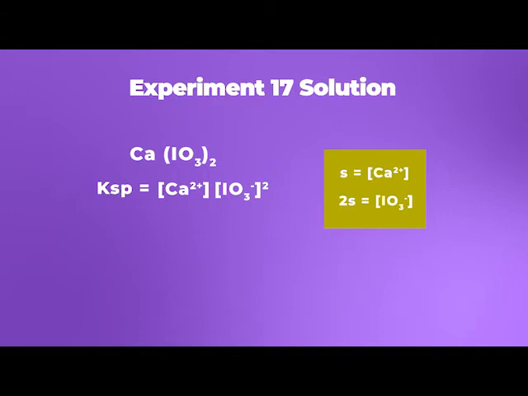If we then substitute S for the concentration of calcium and 2S for the concentration of iodate, we will have KSP equals S times (2S) squared, which will give us KSP equals 4S cubed. So once we have determined the concentration of iodate through titration, we can then calculate the concentration of calcium in our initial solution, which when set to S will allow us to calculate the solubility product constant for this experiment.